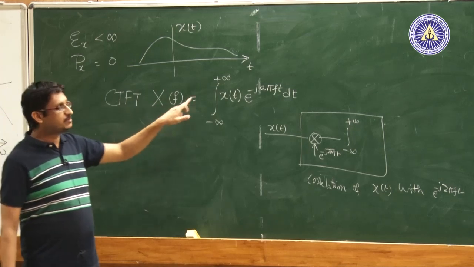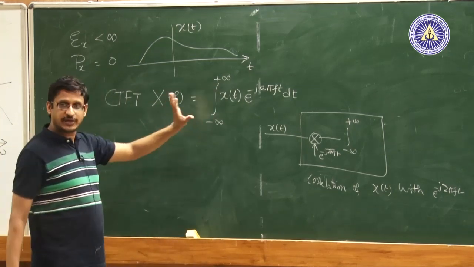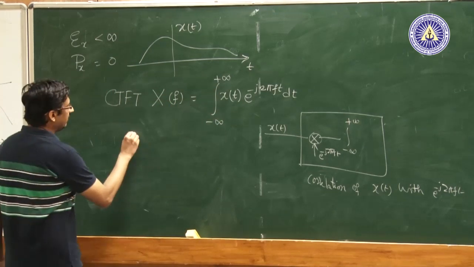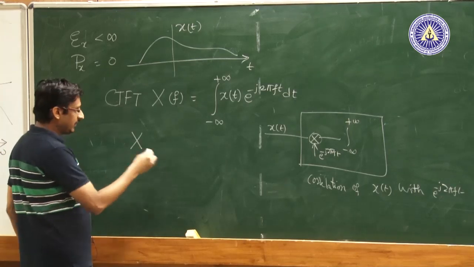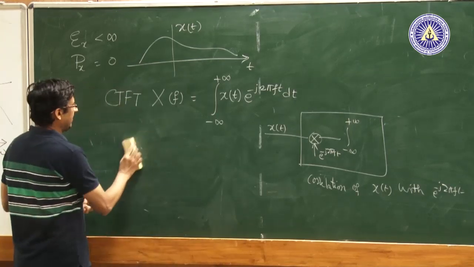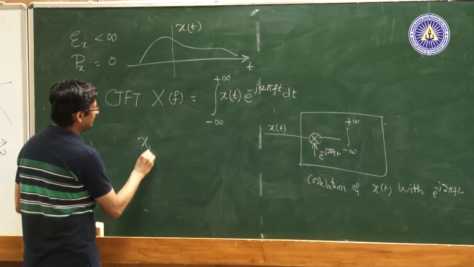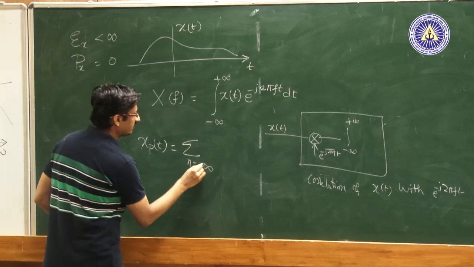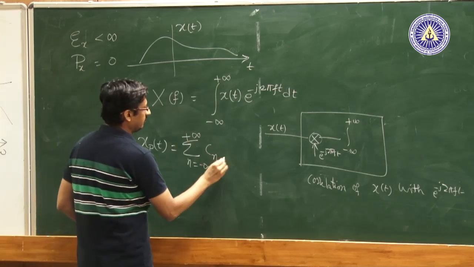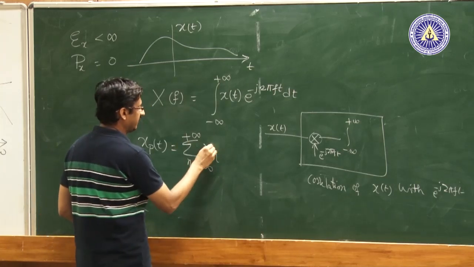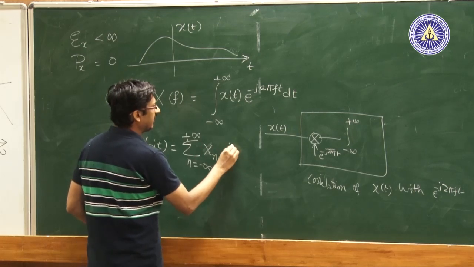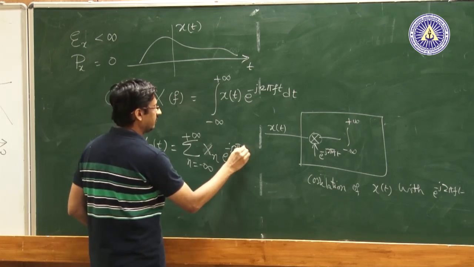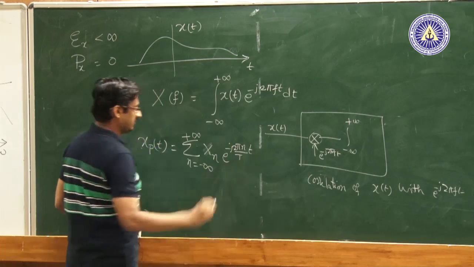To connect this to the periodic case, I will state without any further discussion, I can actually look at the periodic signal and write it as x of n e power minus j 2 pi n by T times t.